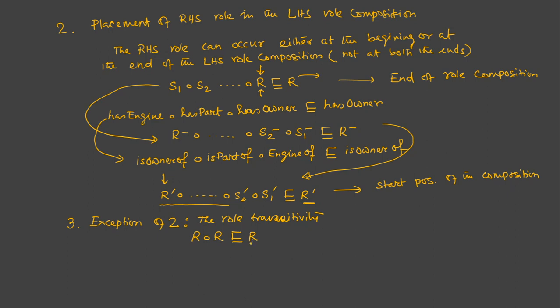Now here we have the role name R appearing at the right hand side of the role inclusion axiom, and it is appearing both at the start and the end of the role composition of the left hand side, right? But if you don't have this, you cannot model role transitivity. So this is allowed only in this form, where these two roles appear both at the first position and the last position, if you are modeling something called role transitivity, right?